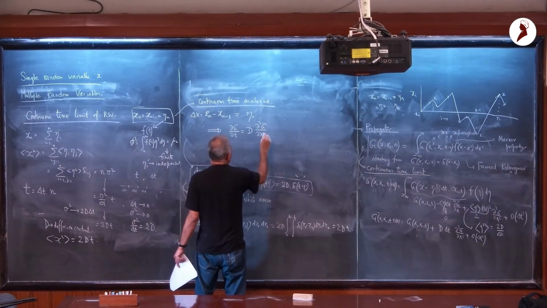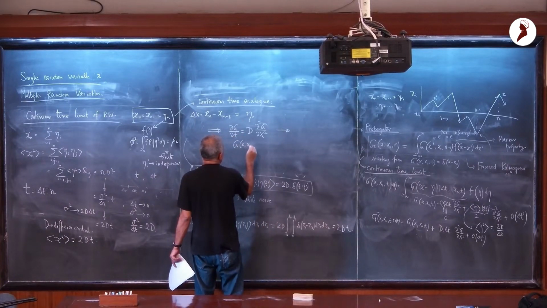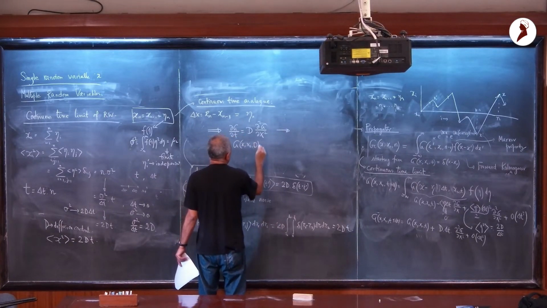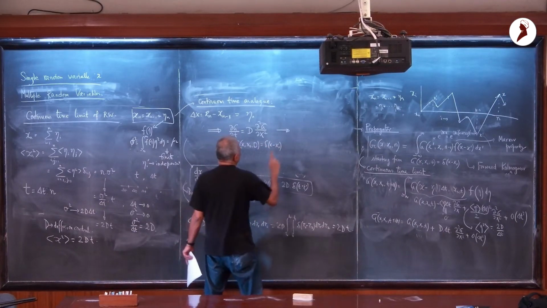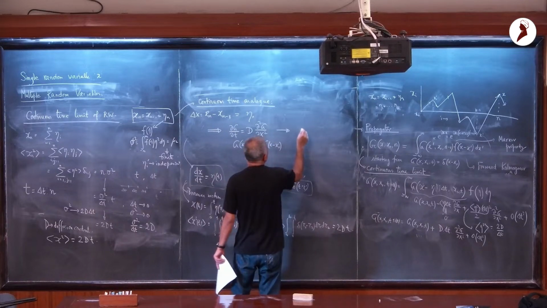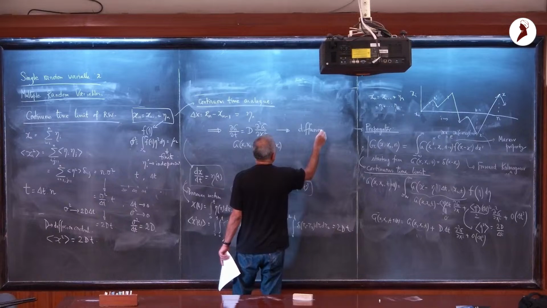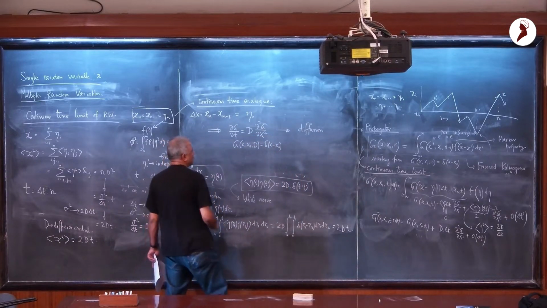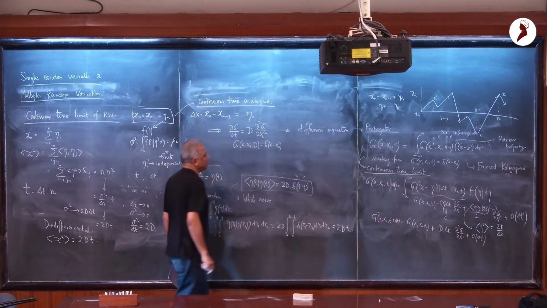And this is, starting from the initial condition, so the forward Kolmogorov equation becomes just a plain diffusion equation, or the Fokker-Planck equation associated to this Langevin equation, and this D is the diffusion constant.